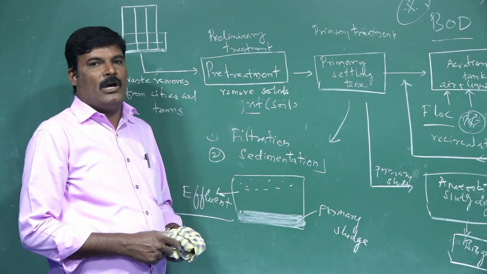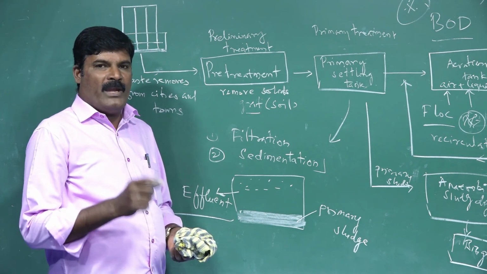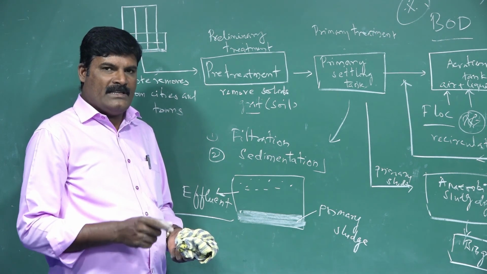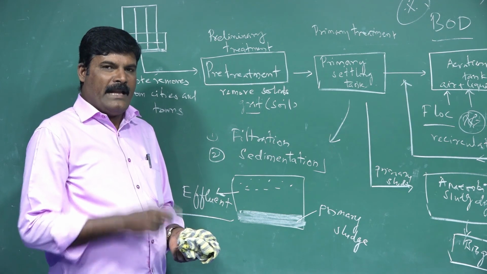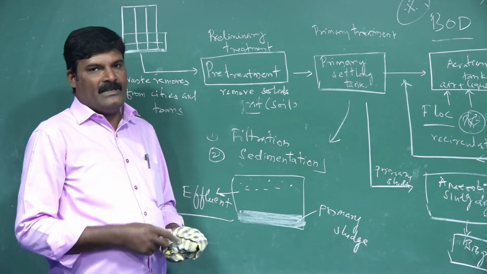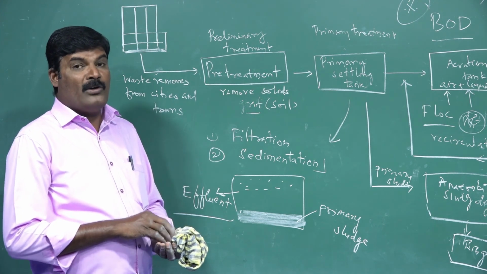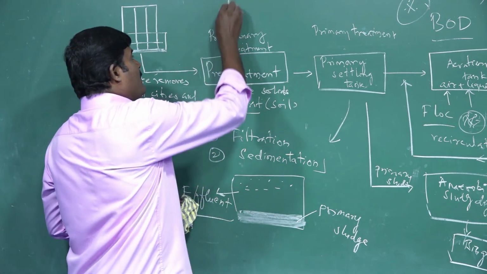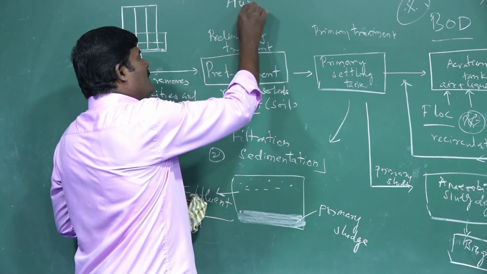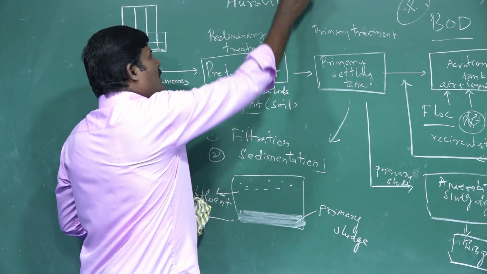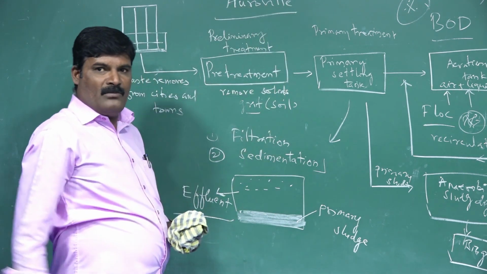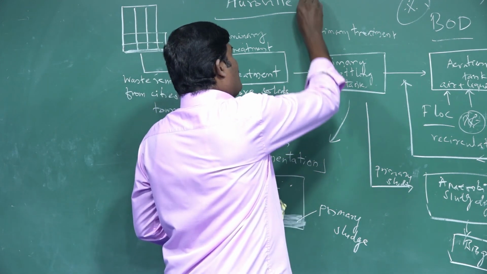At Auroville, near Puducherry, there is a natural wastewater treatment system. One more question will be asked: what is the place? The natural wastewater treatment system is in Auroville, Puducherry.